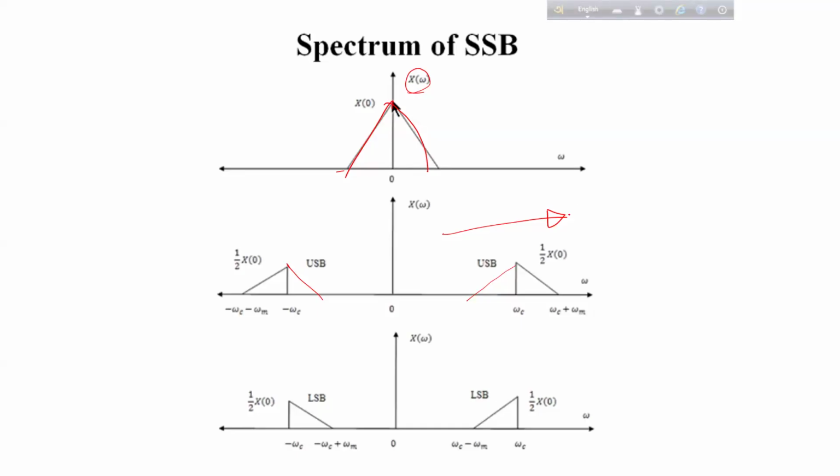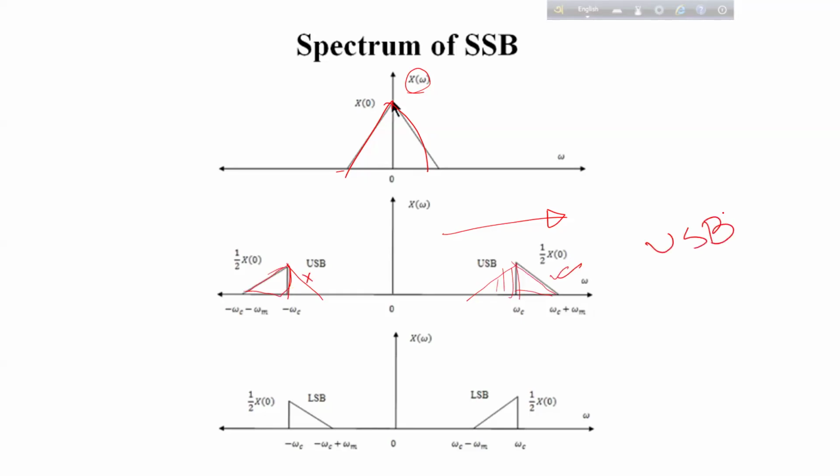If you select the cutoff frequency of that filter so that it only allows the portions greater than omega c, then only the upper sideband will be selected and the lower sideband will be cut off. This is how we can get only the upper sideband.